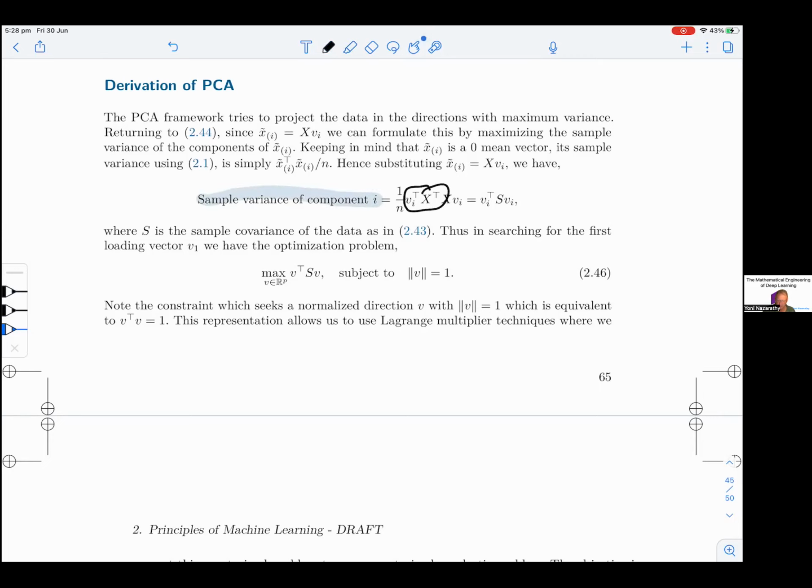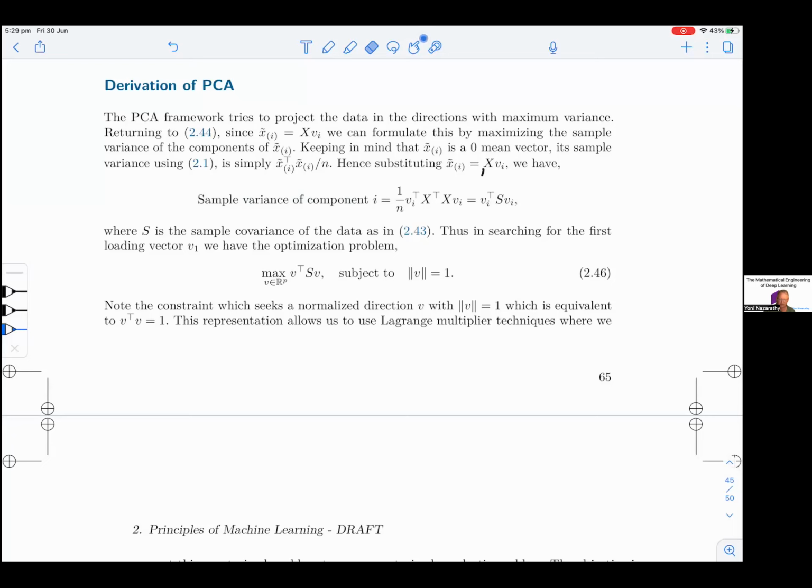And notice that X transpose X over N is just the sample covariance matrix. So the sample variance of component I is VI transpose times S times VI, where S is the sample covariance of the data as in equation 243. Thus, in searching for the first loading vector V1, we have an optimization problem.